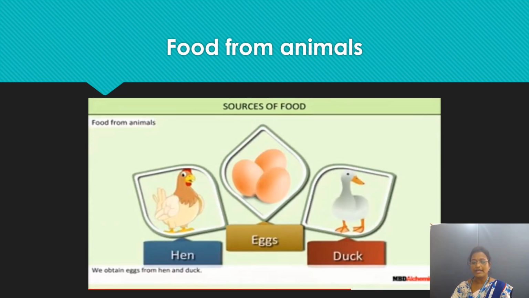Next, eggs. From where do we get eggs? We get eggs from hen, and even we get eggs from duck. So eggs are a source from animals. Okay, fine.